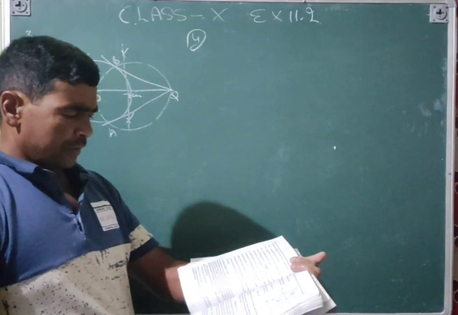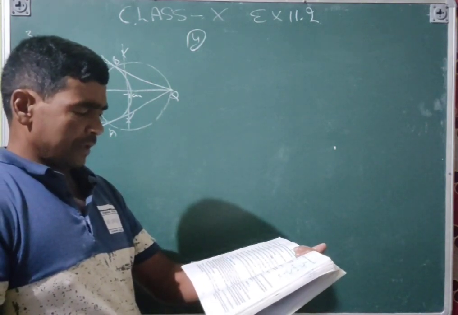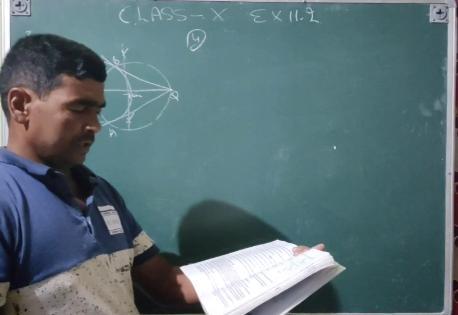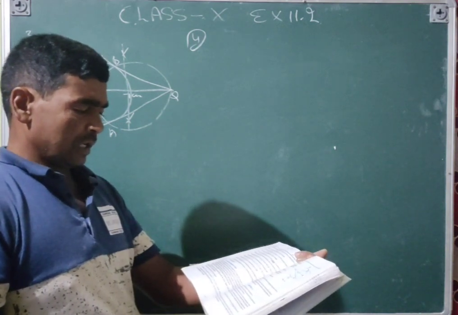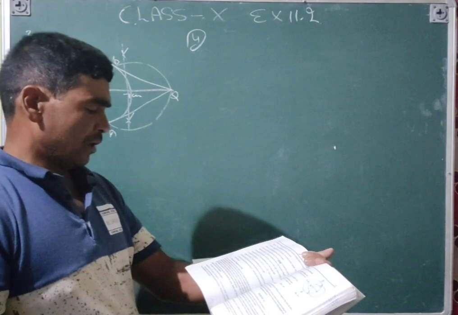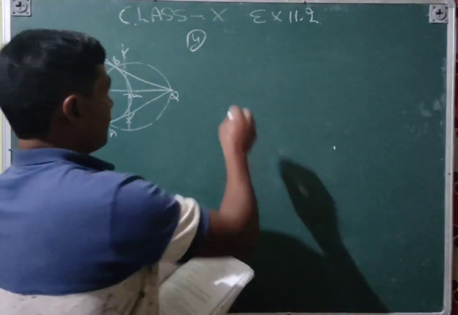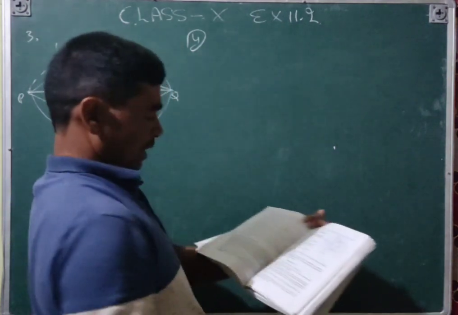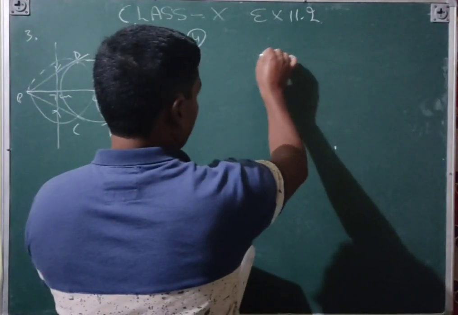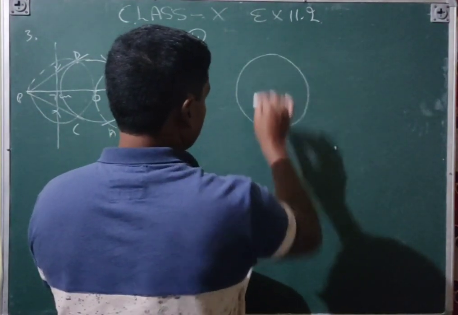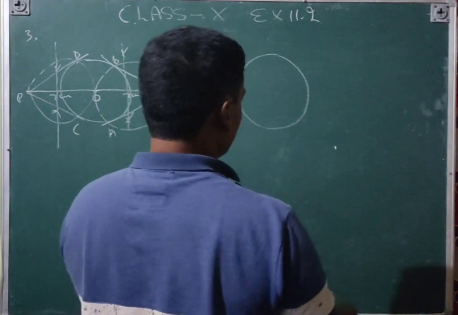And then the fourth question will be: draw a pair of tangents to a circle of radius 5 centimeter which are inclined to each other at an angle of 60 degree. So this is the 5 centimeter radius.